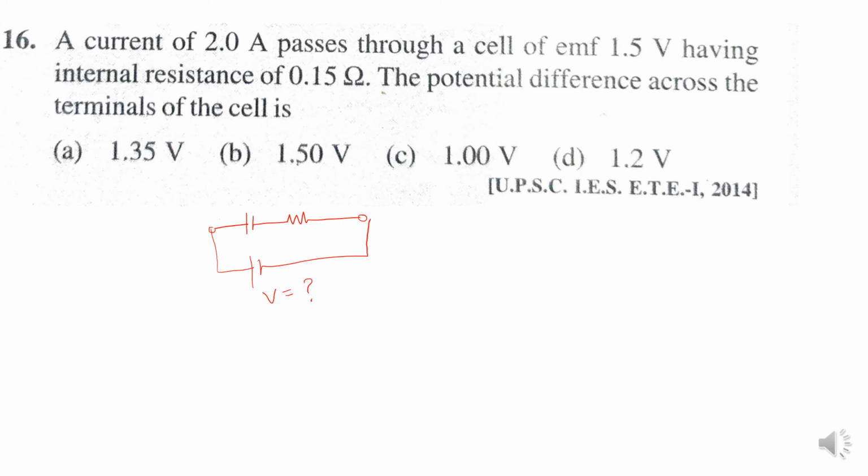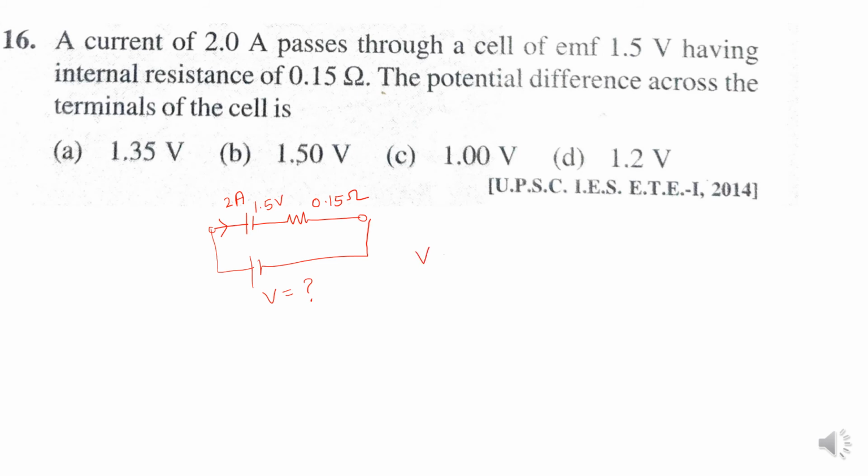So I am going to find V, the potential difference. The current flowing through is 2 ampere. The cell potential is given as 1.5 volt, and the internal resistance is 0.15 ohm. Now I write the equation.